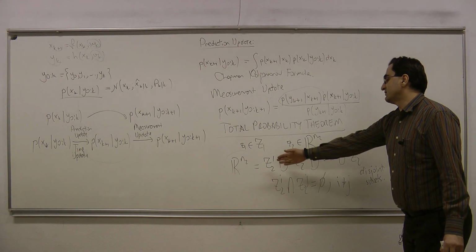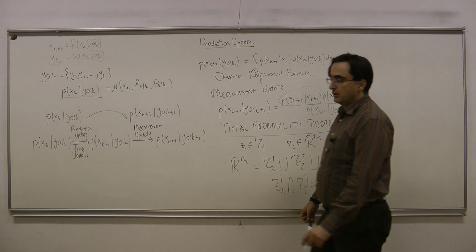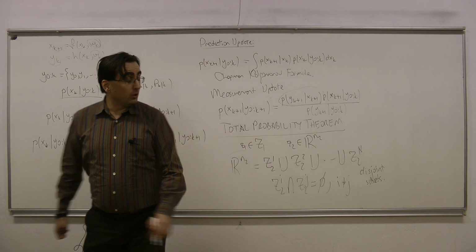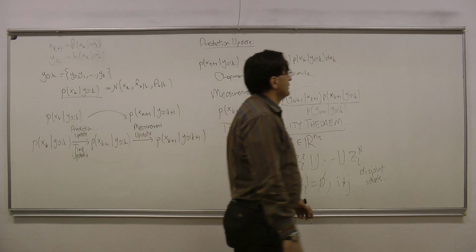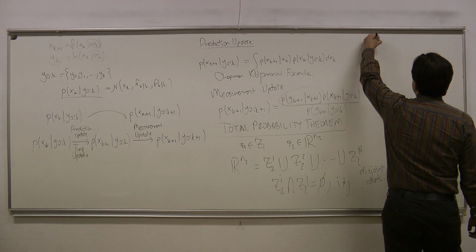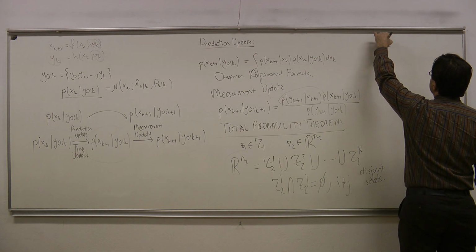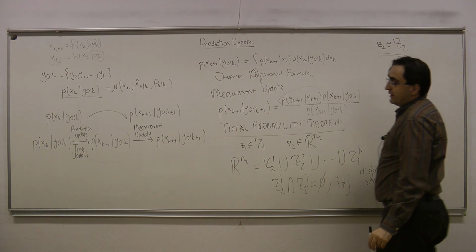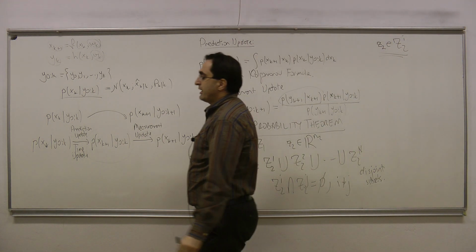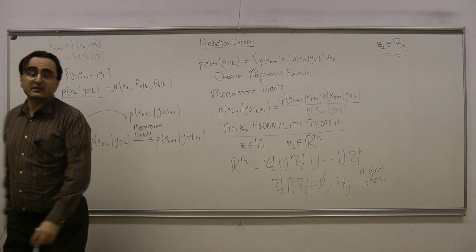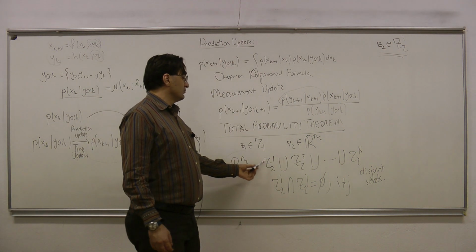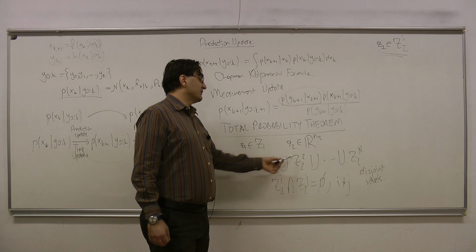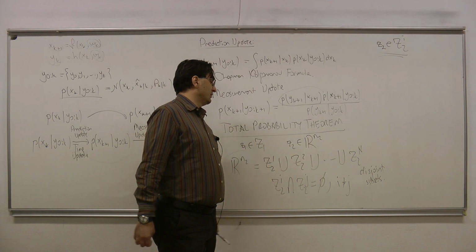And I know that these subsets would cover the whole state space, the whole space of the random vector Z2. Then when I look at these events, Z2 is inside Z2i, these events would be mutually exclusive. So that means that if Z2 is in one of these subsets, then it cannot be in any other subset.